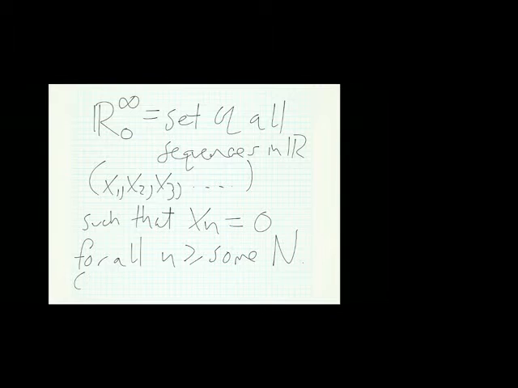So that means that my sequence looks like x1, x2, x3. Eventually I get to some number xn, and after that point it's constantly equal to 0.